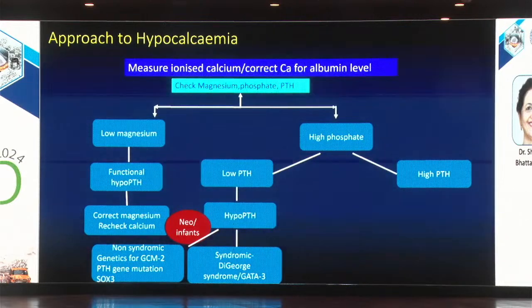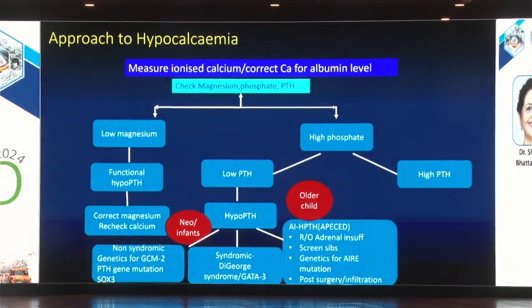But if you have hypoparathyroidism in the neonatal period or in infancy, you need to rule out any genetic cause. So if the child has got any syndromic features, then you'll think of DiGeorge syndrome or GATA3 mutation. But if it is non-syndromic, then you'll have to think of other genetic defects.